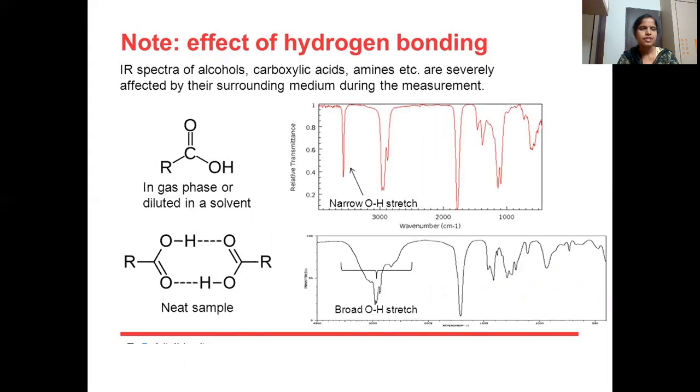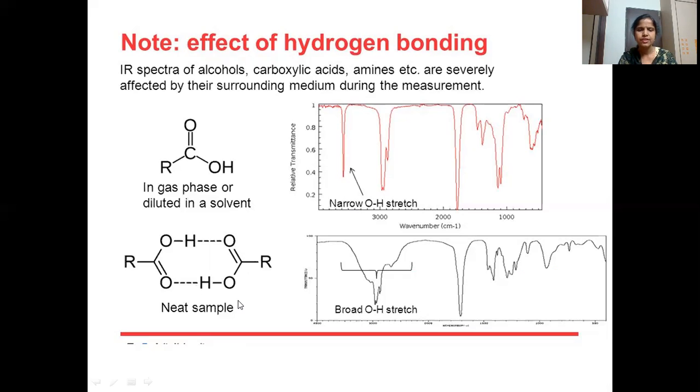Then you can see another example of carboxylic acids. Hydrogen bonding we generally see in alcohols, carboxylic acids, amines, etc. They are all affected by hydrogen bonding. The carboxylic acid in the gaseous phase shows a narrow OH stretching vibration.